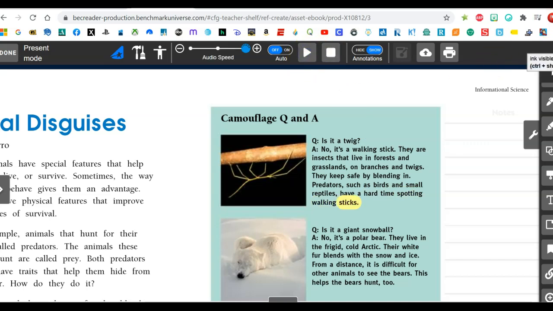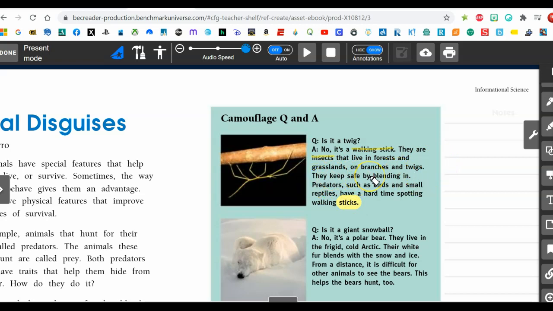Okay, so if you look at this, what's the animal called? Yes, it's an insect called a walking stick. No, it's a walking stick. That's important. They are insects, so that's what they are. They live in the forests and grasslands on branches and twigs.